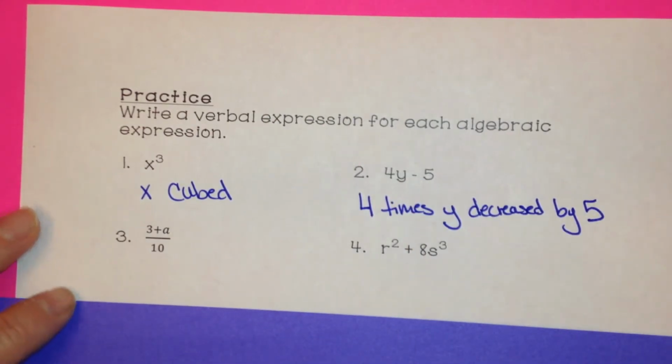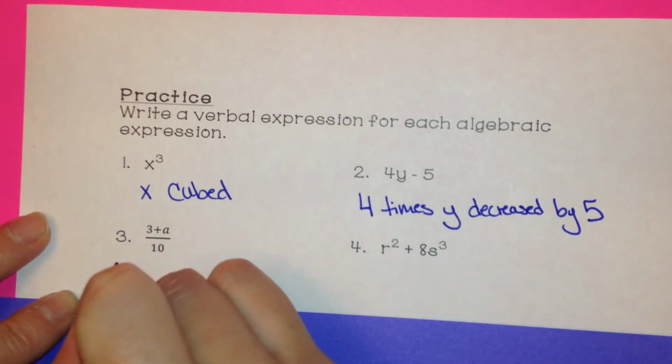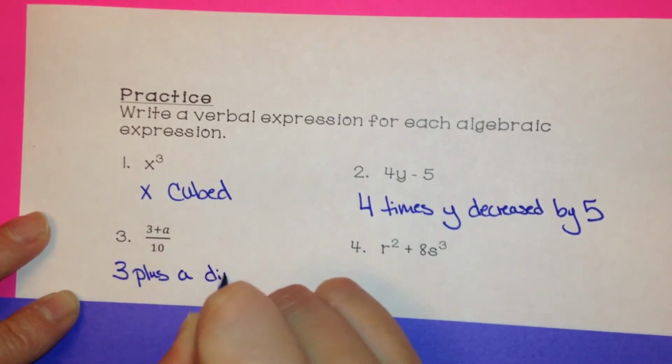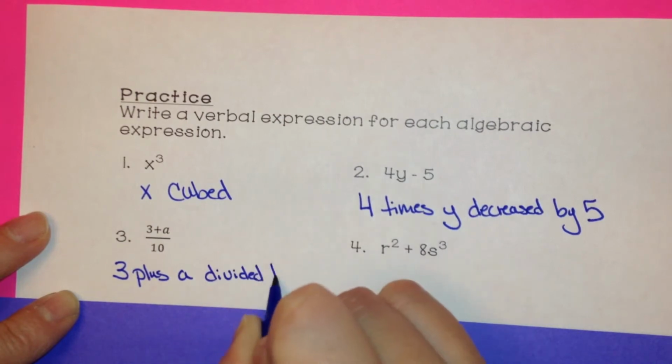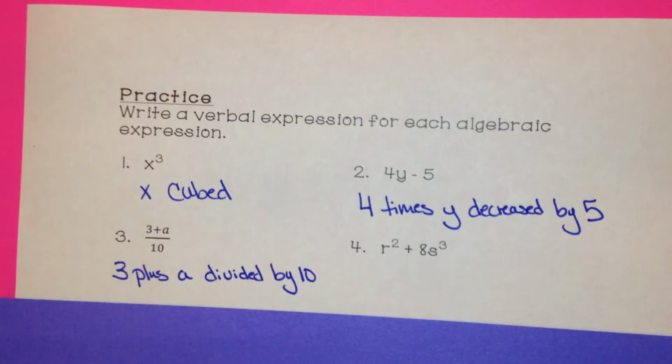All right, number 3, I'm going to write 3 plus a divided by 10. Again, there are multiple ways you can write that. You can use quotient in there.